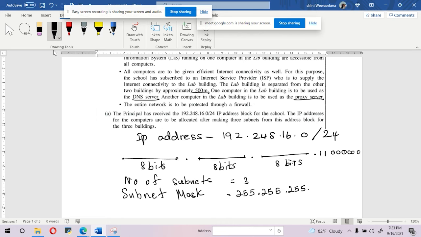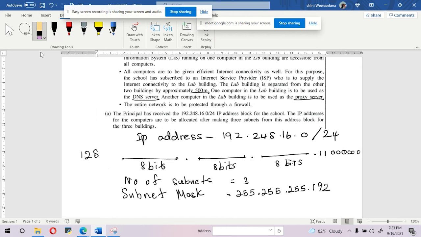Here the ones are in two places: 128 and 64. You should know that; from here you give the place values, 128 and 64 have the 1s. When you add that, you get 192. This is the subnet mask.